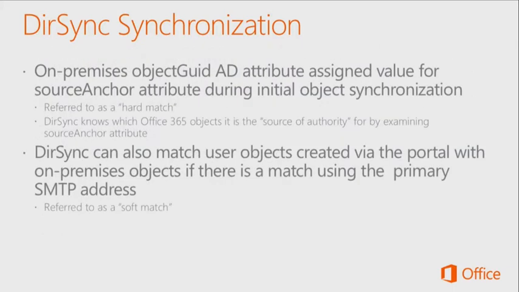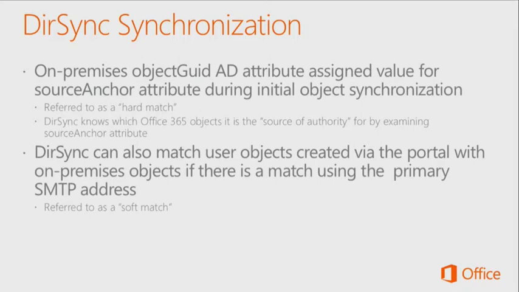On-premise object GUID is the AD attribute assigned as the value for the source anchor attribute during initial object synchronization. So this is a hard match. DirSync knows which Office 365 object it is the source of authority for by examining the source anchor attribute.